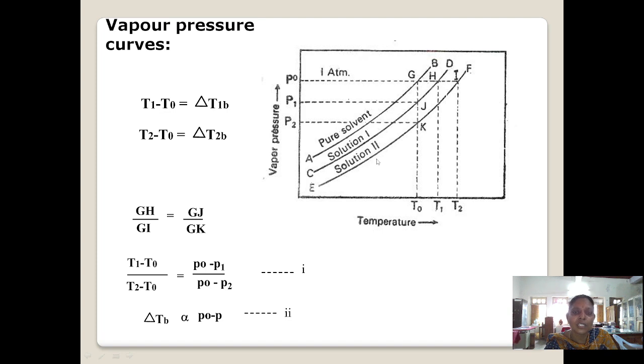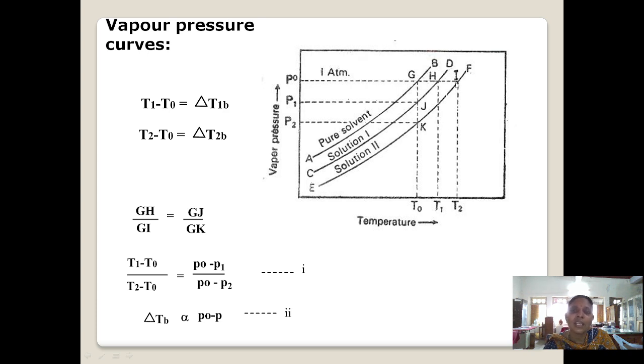The same way in the solution 2 case, the vapor pressure decreases further after dissolving y grams, that is from P0 to P2. According to the boiling point definition, the vapor pressure should equal atmospheric pressure, so we need to increase the temperature from this point.